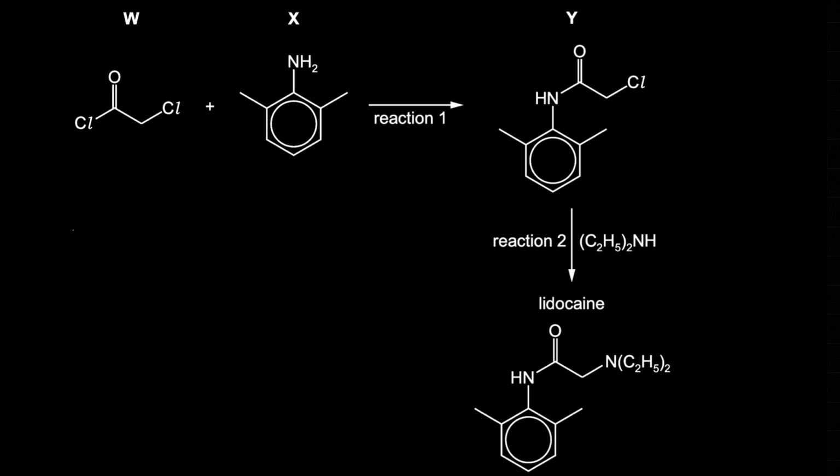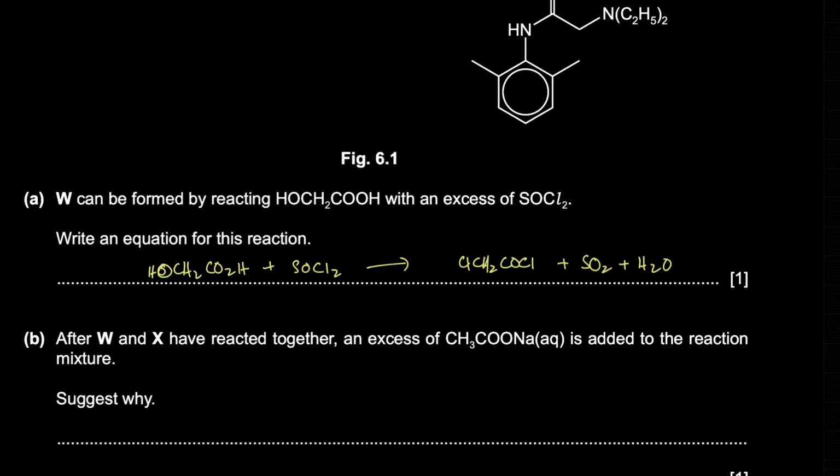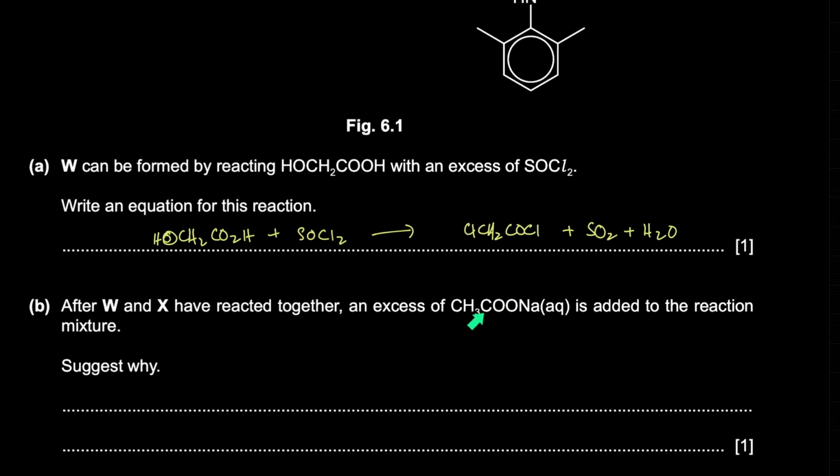The reason is that in this reaction we're also making HCl. We have a condensation reaction between an amine and an acyl chloride. This is sodium ethanoate, and the ethanoate ion is a base.